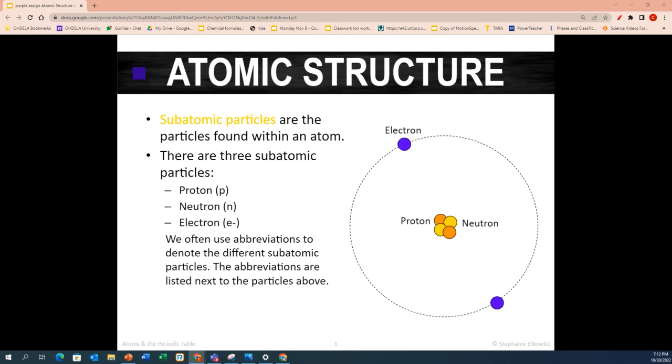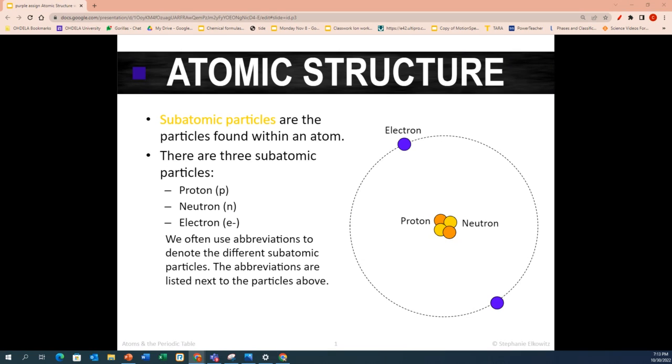We'll give the proton an abbreviation, just the letter P, the neutron N, and the electron E minus. Okay, so this is a simple drawing of what it might look like for us to take a look at.